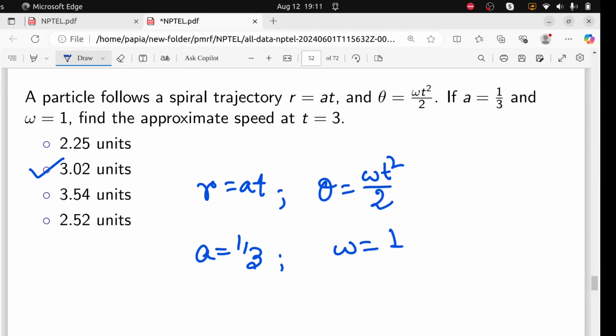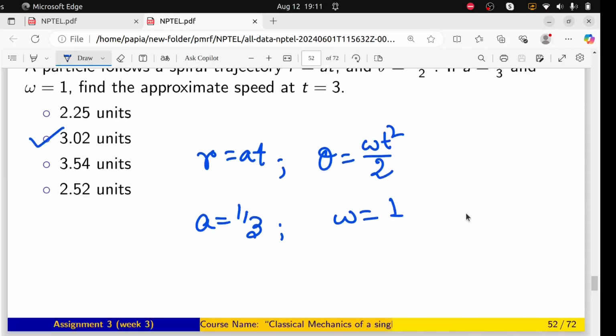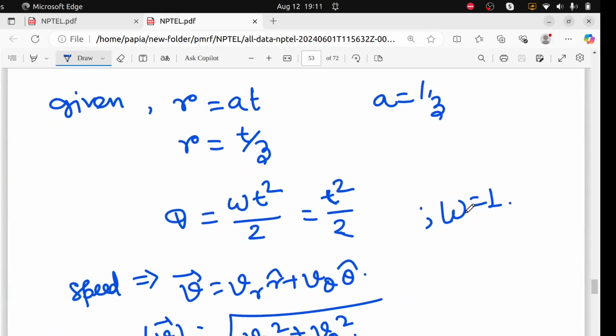So for this question, what I did, I just took r equals to At and theta equals to omega t square by 2, and A is given 1 by 3, omega equals to 1, so I can write r equals to simply t by 3 and theta equals to t square by 2. Then r dot and theta dot: r dot is 1 by 3 and theta dot is simply t.